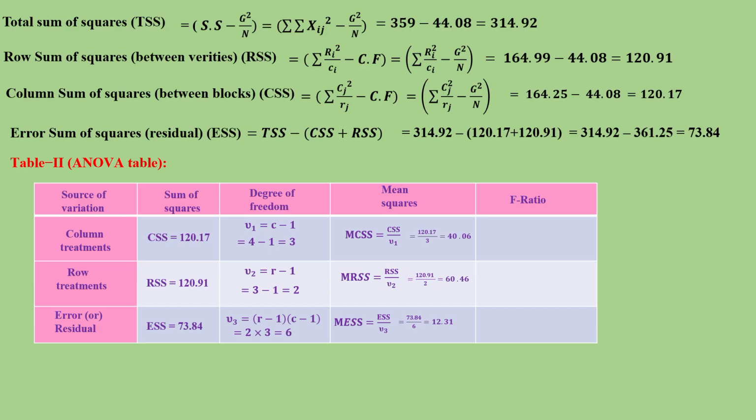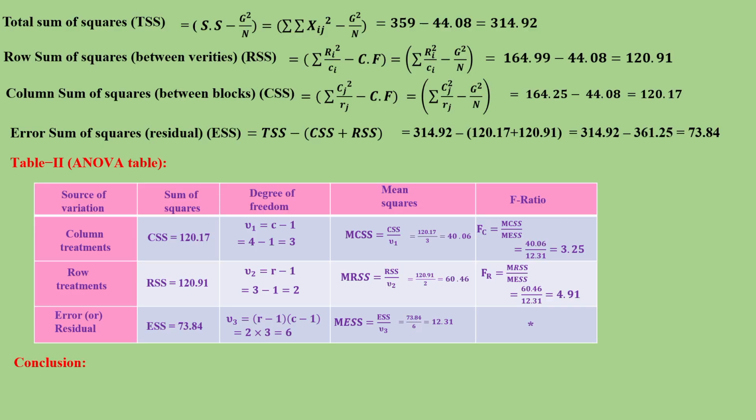First column, FC: MCSS by MESS, because MCSS is more than MESS, 40.06 by 12.31, 3.25. Then row ratio, FR: here MRSS is more than MESS, so MRSS by MESS, you will get 4.91.